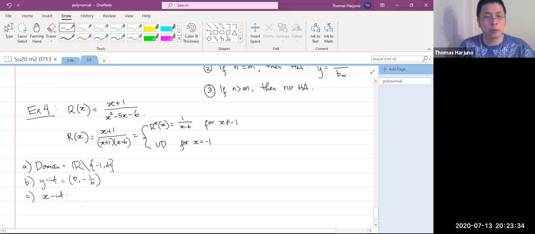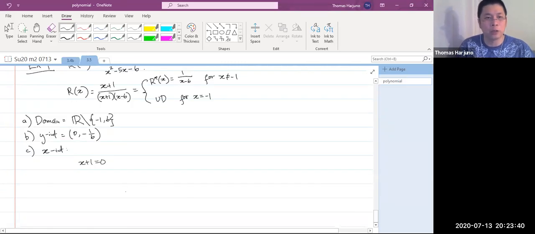The x-intercept is where the numerator, x plus 1, equals 0, right? So x equals -1. But this is not in the domain. So now we don't have an x-intercept.